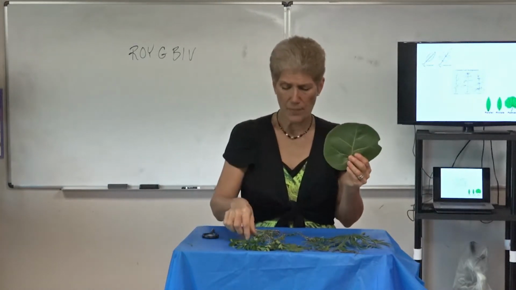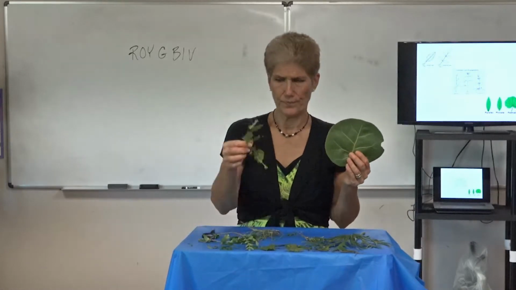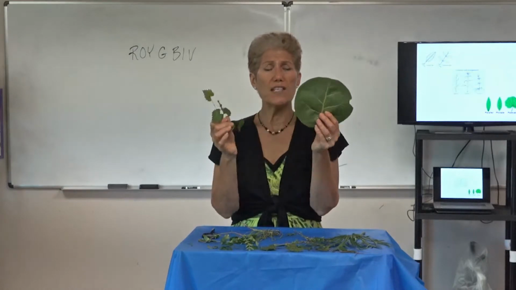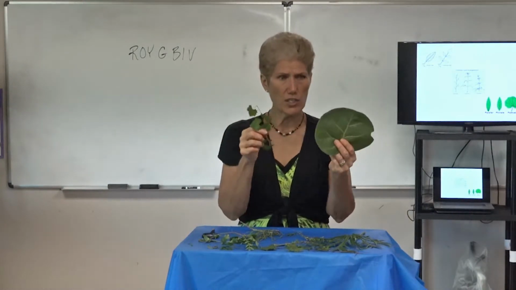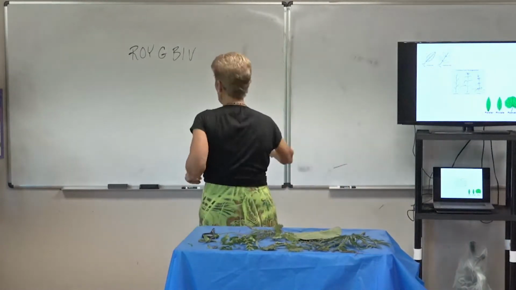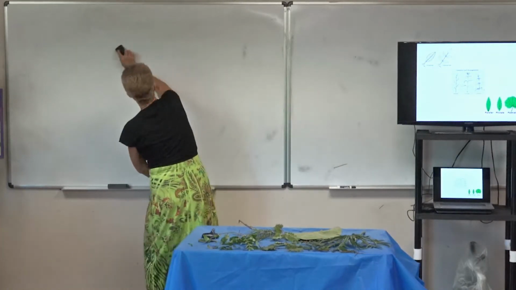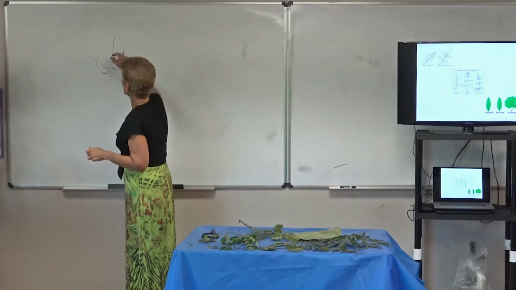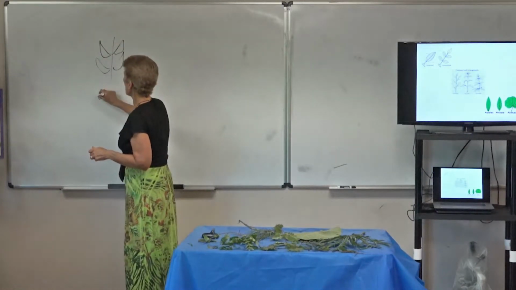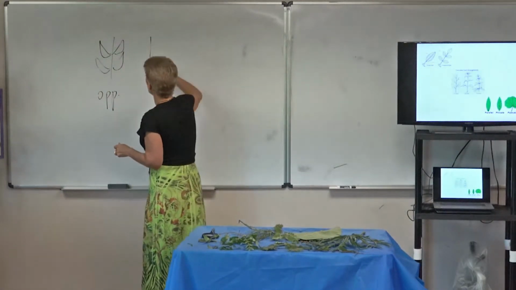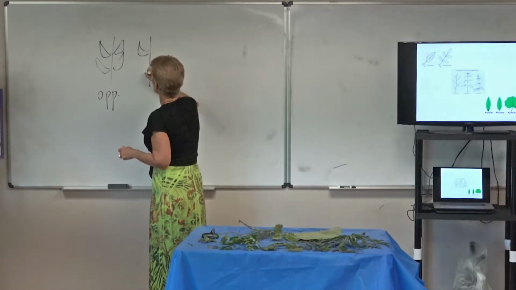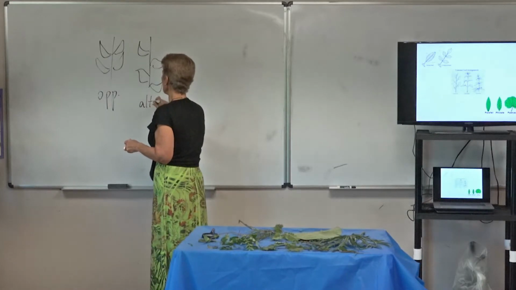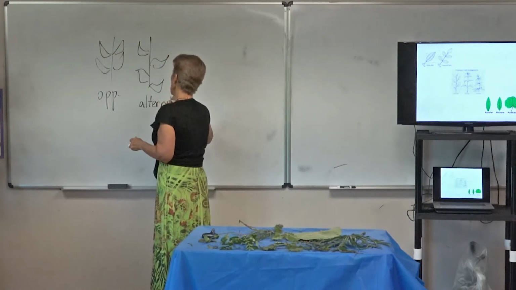I want you to notice something else. I put a grapevine piece on your table. These are named for different things. We just looked at the leaf arrangement. We saw that the leaf arrangement could either be opposite, when they're right across from each other, or if one is taking turns going like this, it's alternate, because they're alternating.